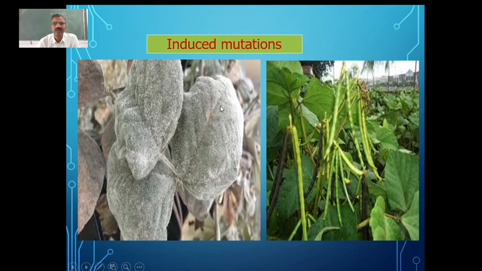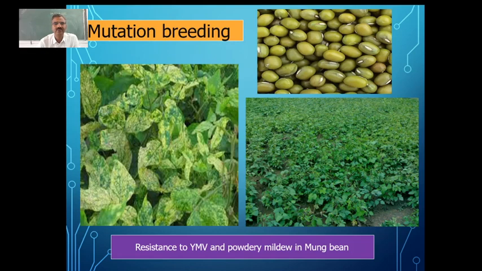It is affected by, you can see, the powder-like structure which is there. It is called powdery mildew disease, and this is the disease-free one. This is the one which has come through mutation.